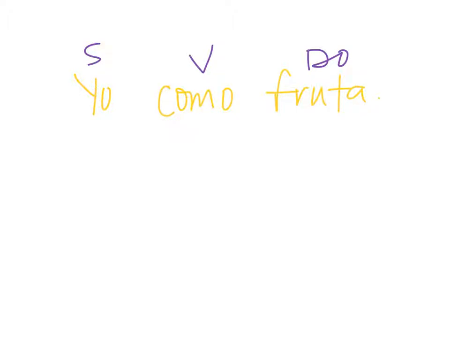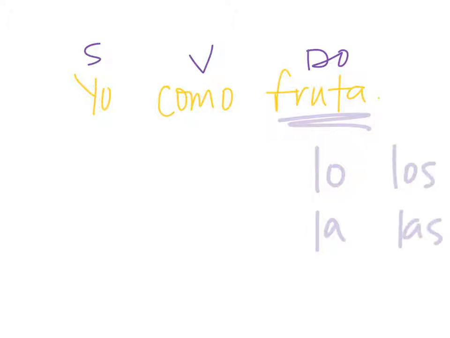So I need to figure out how I'm going to replace fruta with a direct object pronoun. Well, it's like saying it, right? And the direct object pronoun for it would either be lo, la, los, or las. So is this feminine or masculine? It is feminine, so we know it has to be one of these two. And is it singular or plural? It's singular, so it's going to be la.